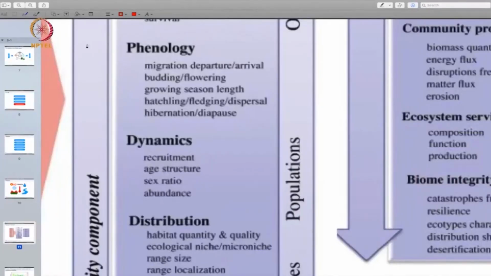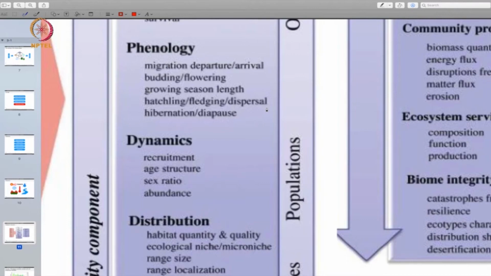So, changes in phenology are also leading to a large amount of extinctions. There are changes in the growing season length. So, those plants that grow in the summer season, they are now getting more time to grow. Those plants that use the winter season, they now have a shorter growing period. There are changes in dispersals of hatchlings and fledglings. There are changes in hibernation.